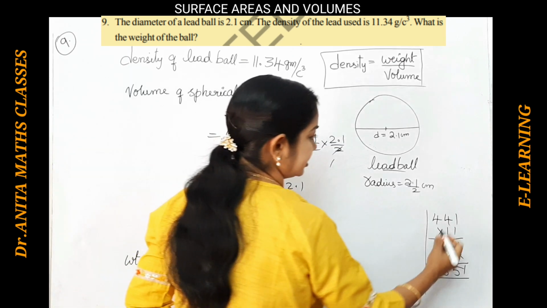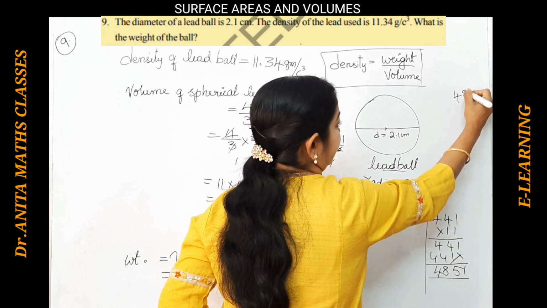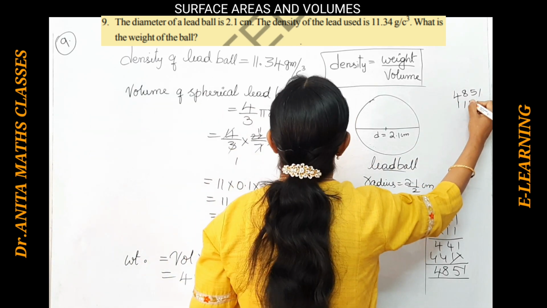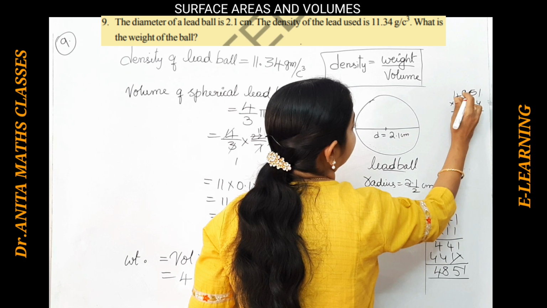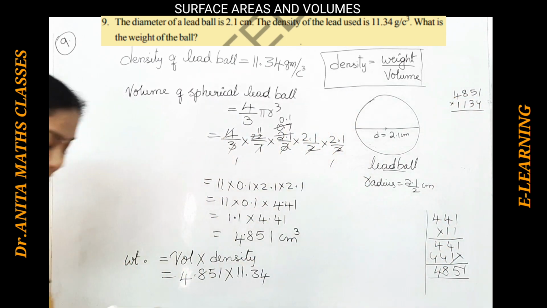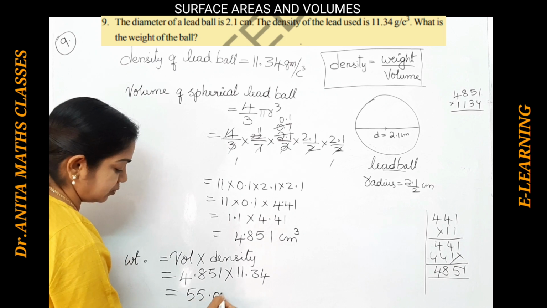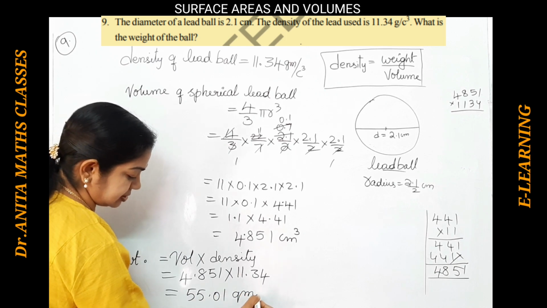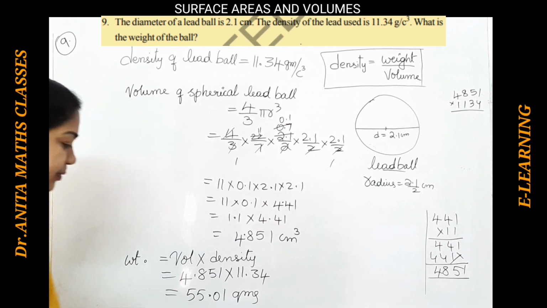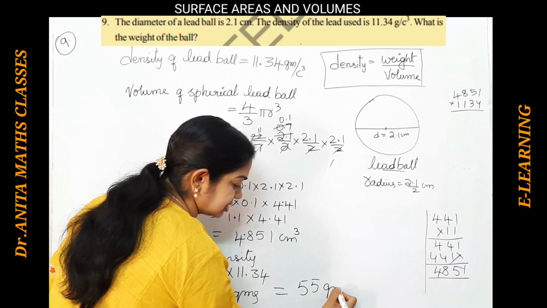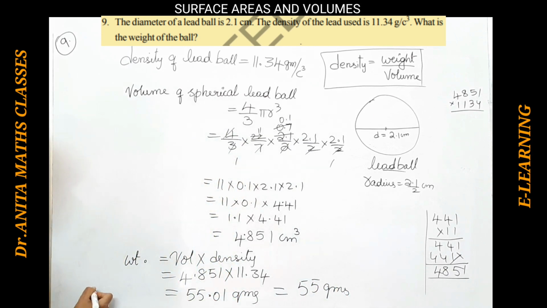So let us multiply that: 4851 into 1134. Removing the decimal point, do the multiplication, you will get around 55.01 grams. So 0.01 is minute, we can take just 55 grams as the weight of the lead ball.